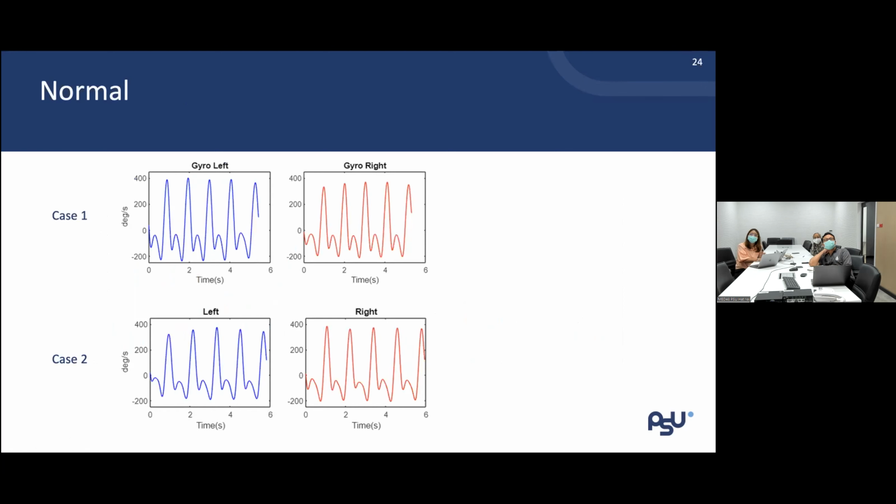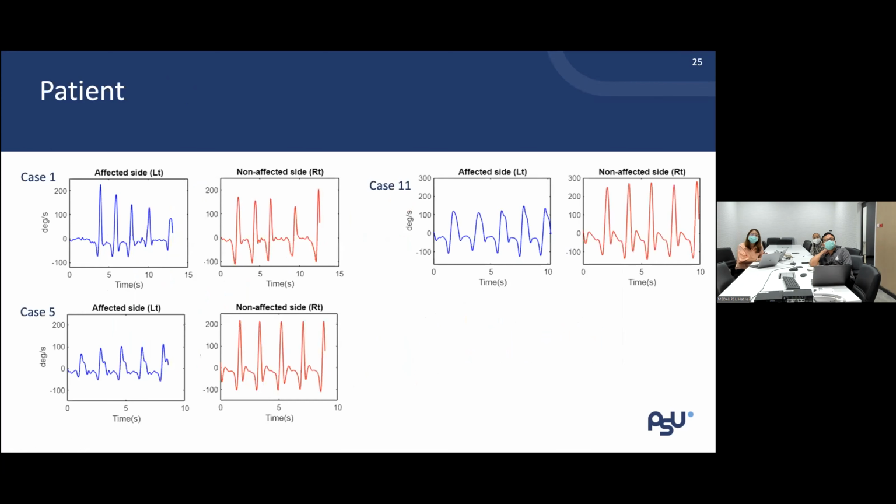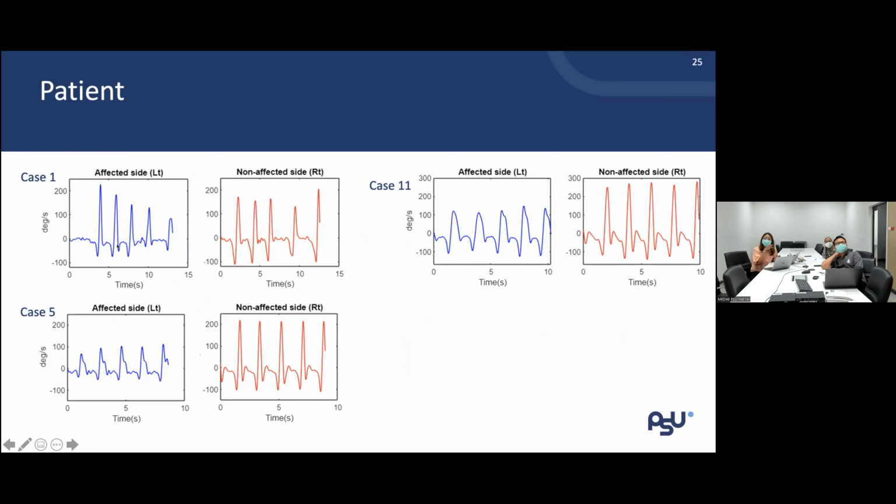And if we compare the signal between left and right side in a normal person, and this is the example from the patient. If we compare between left and right side, on the left is the affected side, and the right one is the non-affected side.